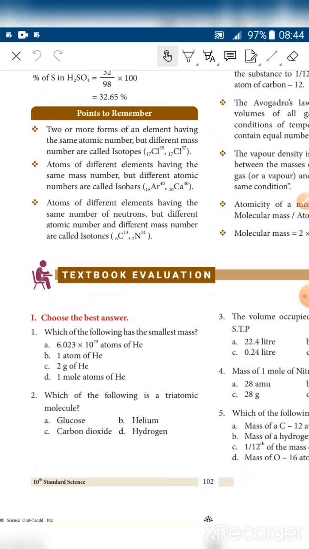So for these two atoms, the number of neutrons in the nucleus is the same. Atoms of different elements having different atomic number and different mass number but the same number of neutrons are termed isotones.